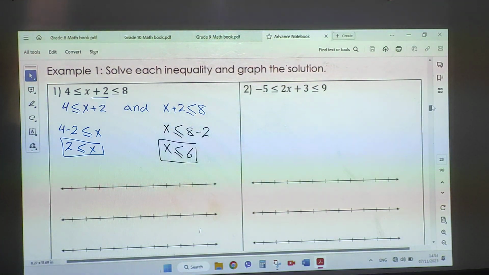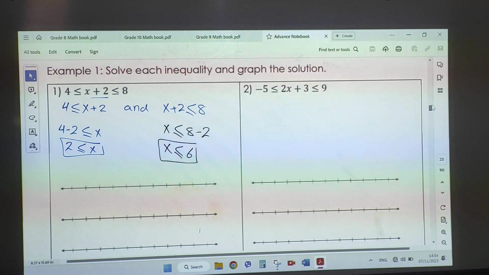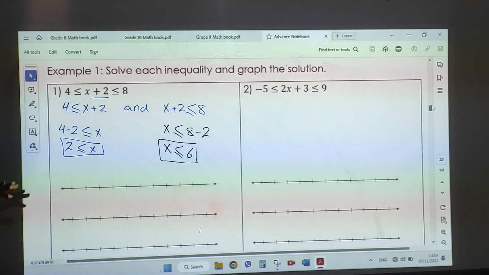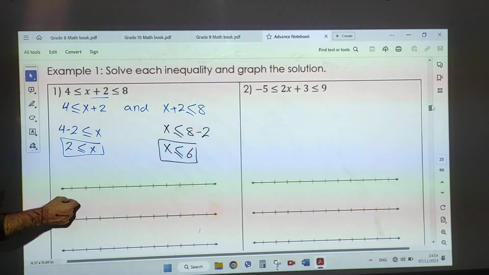Now we have solved each one of the parts of the inequality. Now we have these numbers, 6 and 2, and we must have both of them on the line. I gave you some extra lines in case you need to show them individually, but normally we show everything on the one line that is given.